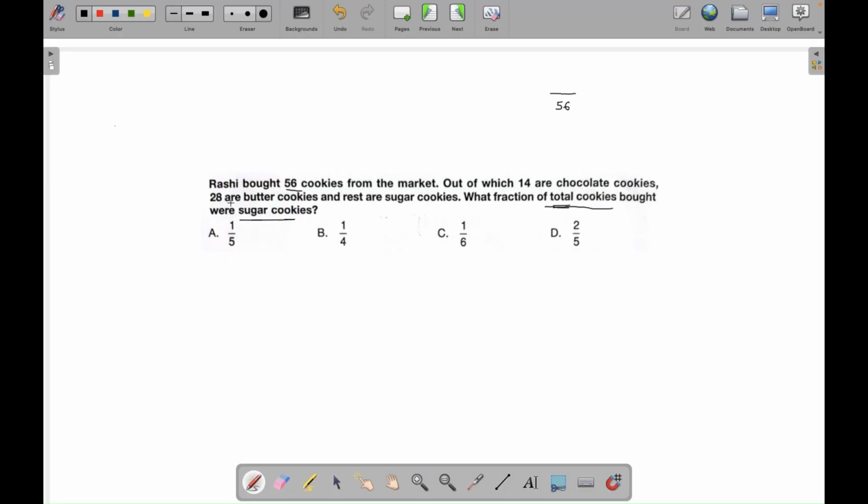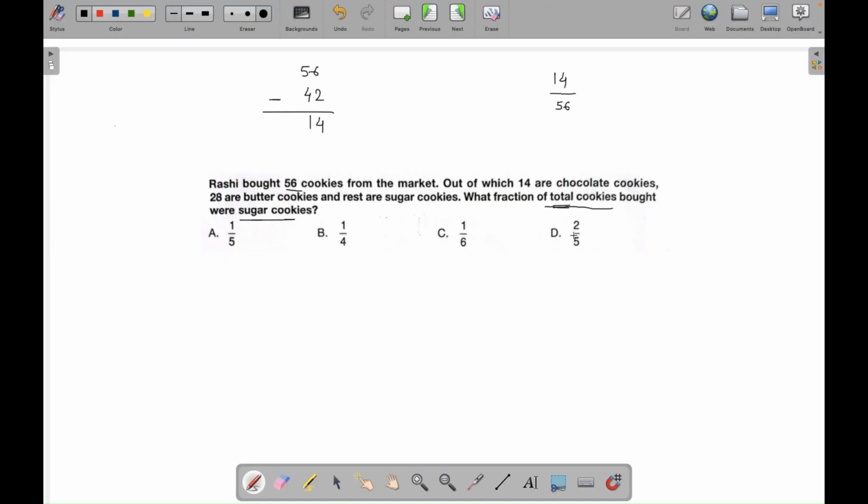So 14 plus 28 gives us 42. Right, so these are the number of cookies that are not sugar cookies. And if I subtract 42 from 56, I'll get 14. So the number of sugar cookies is 14, and if I just plug in, I'll get 14 by 56.